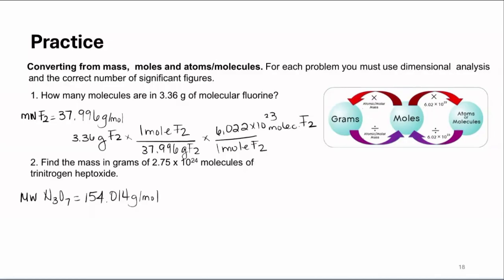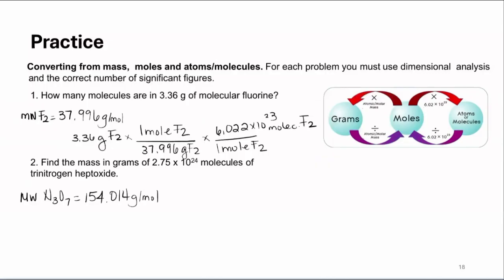So in order to find the answer, I'm going to take 3.36 and I'm going to multiply it by 1, and I'm going to then multiply it by Avogadro's number, 6.022 times 10 to the 23rd. Then I'm going to divide that by 37.996.